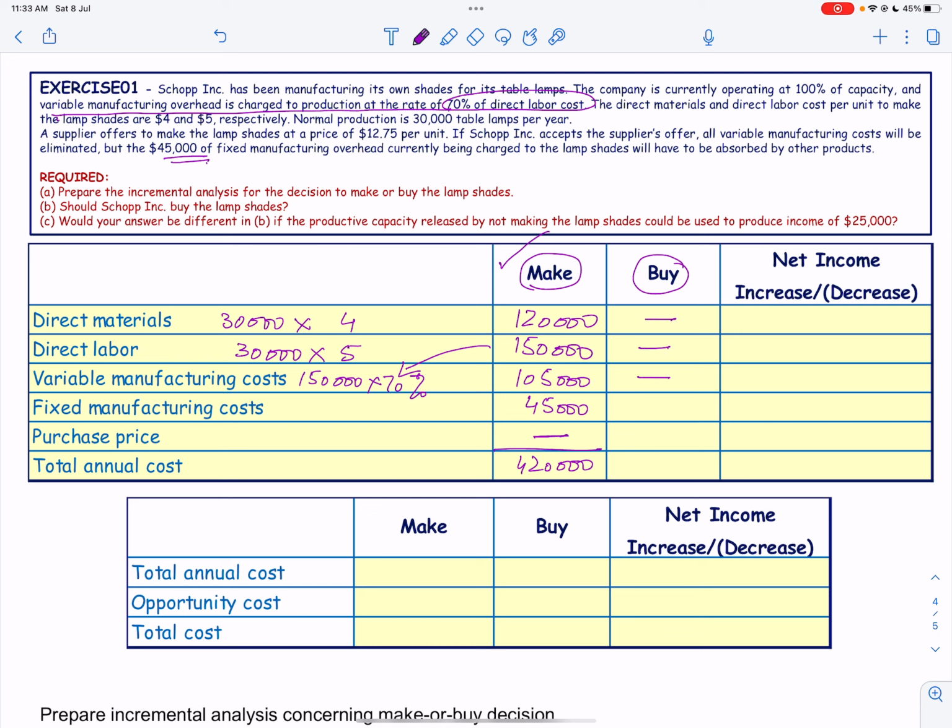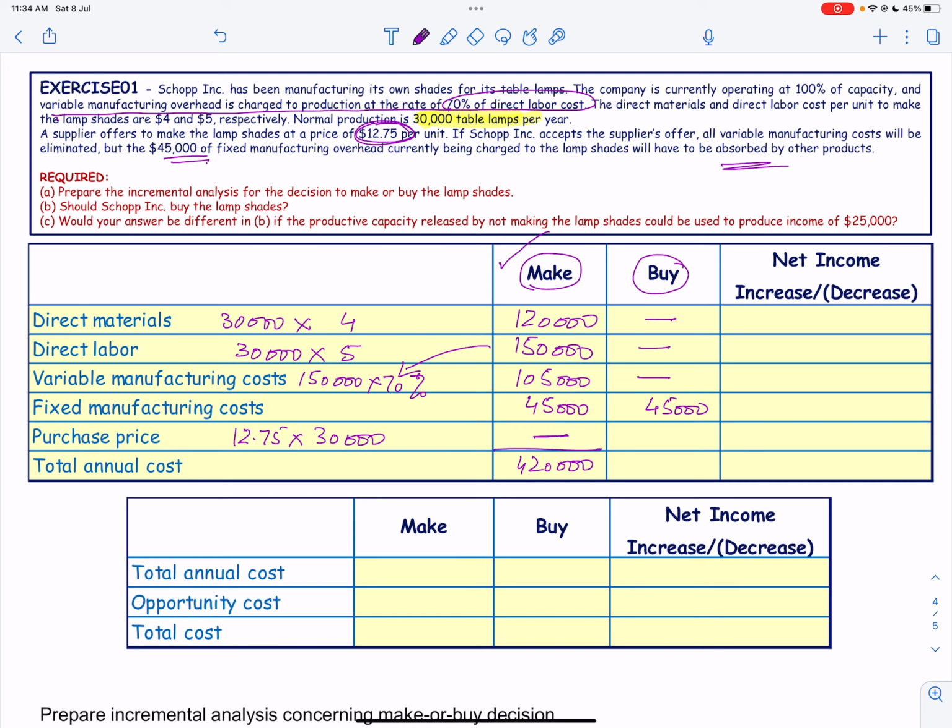If the company is going to buy the product, there will be no direct material, no direct labor, no variable manufacturing overhead. A fixed manufacturing overhead are going to be there, that is 45,000. You can see they have to be absorbed by other products. And then we have the purchase, and the purchase price is 12.75, and this is for 30,000 units as we have already talked about.